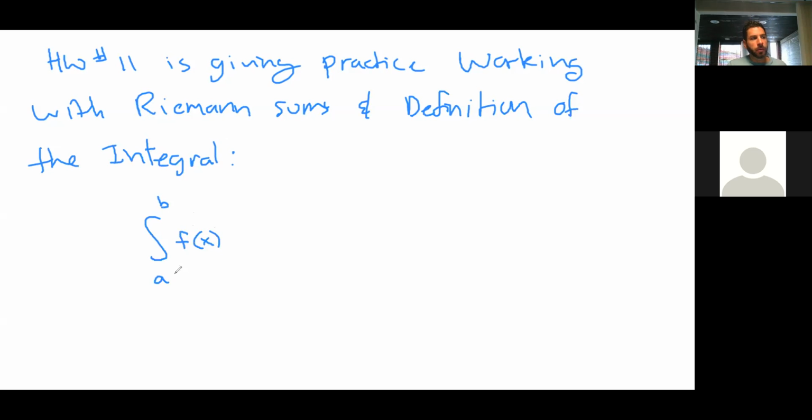It has a number at the bottom. It has a number at the top. These are called our upper and lower limits. And so what does this new symbol mean? Well, it means the following limit. And this is quite a scary looking creature.